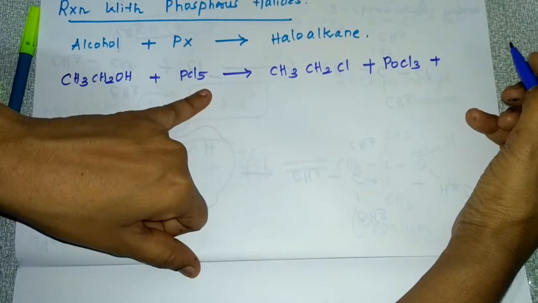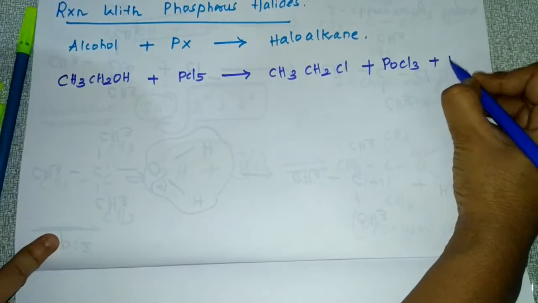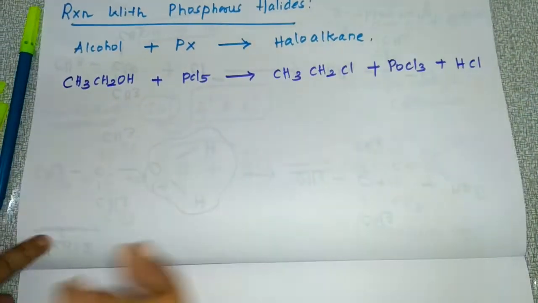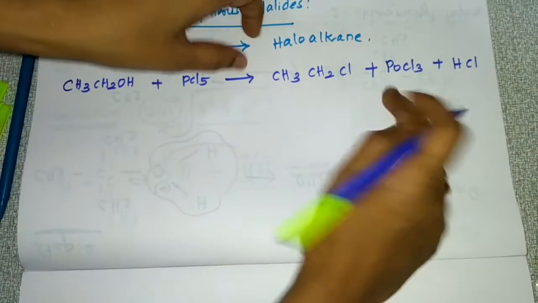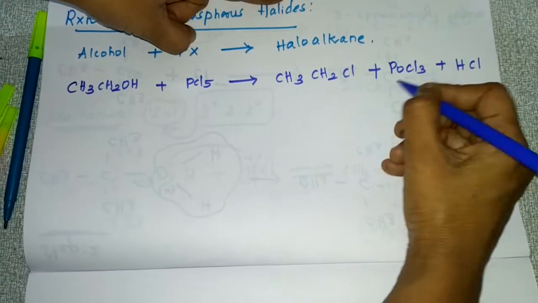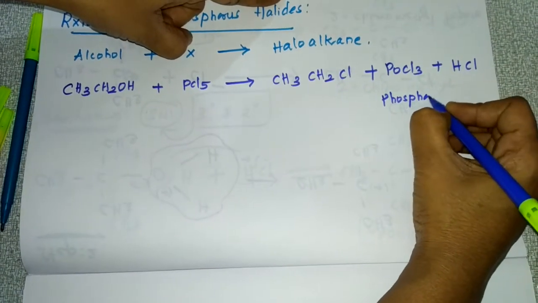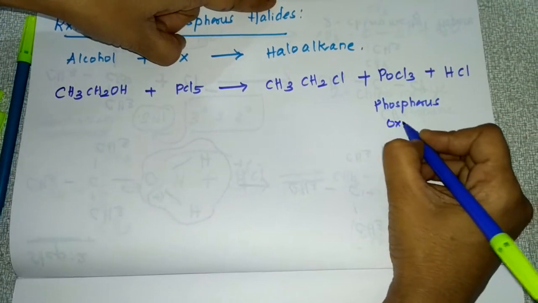How much Cl is remaining? 3, 4 Cl, and 1 Cl will combine with this hydrogen and form HCl. This one, chloroethane, you know already. This one is phosphorus oxychloride.